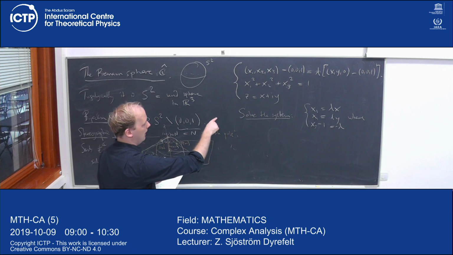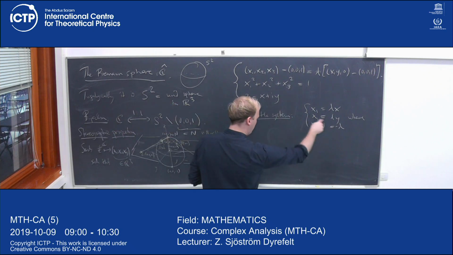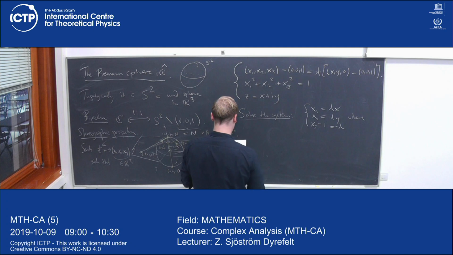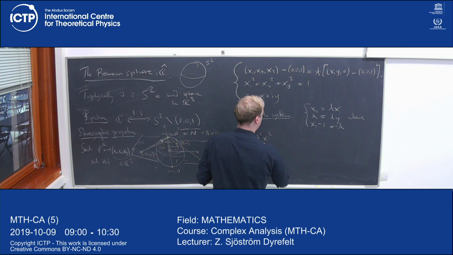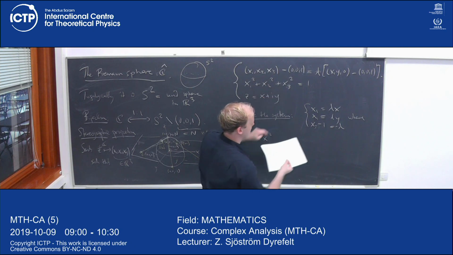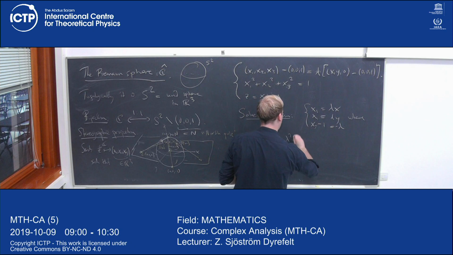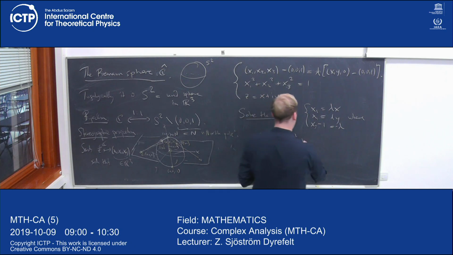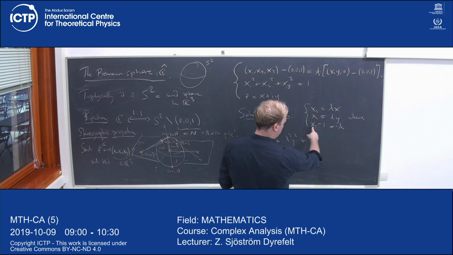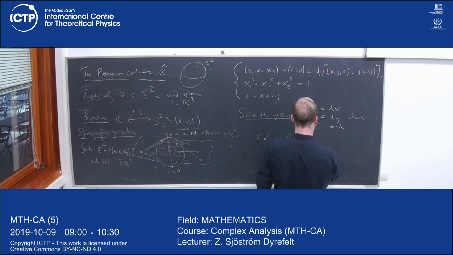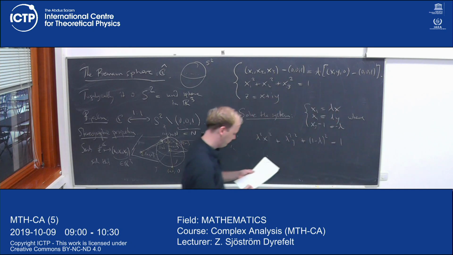So what you want to do, where we have some condition that all these points lie in the sphere, then the second condition becomes lambda x squared plus lambda y squared plus x3 squared, so plus 1 minus lambda squared, is equal to 1.